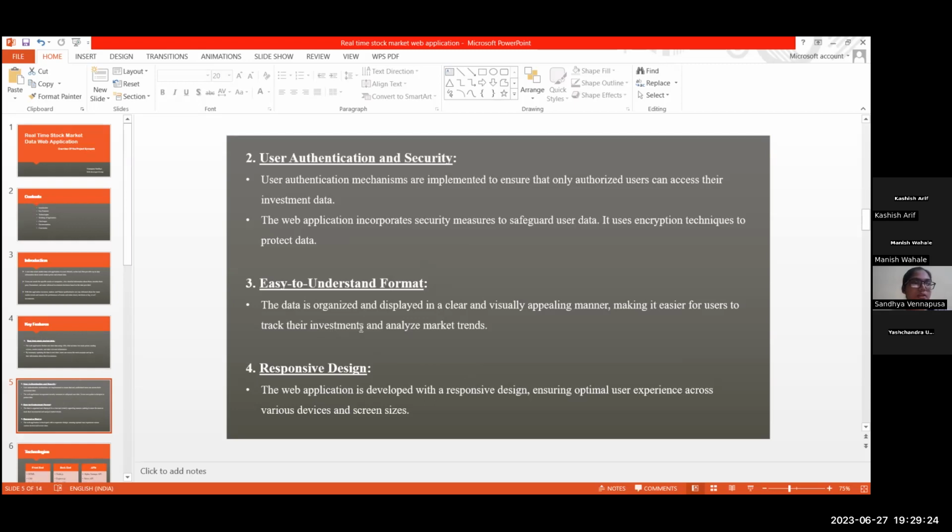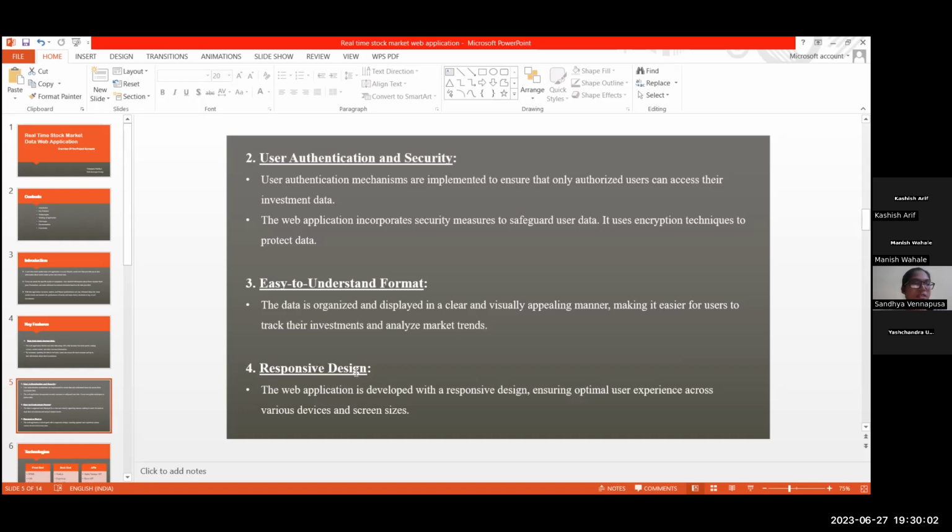And next, easy to understand format. We know that not all investors or financial experts can easily understand complex data. So the web application provides the data in an easy to understand format, using graphs, charts, and other visually appealing manners. It turns complex data into more readable data, which makes it easier for users to track their investments and analyze market trends.